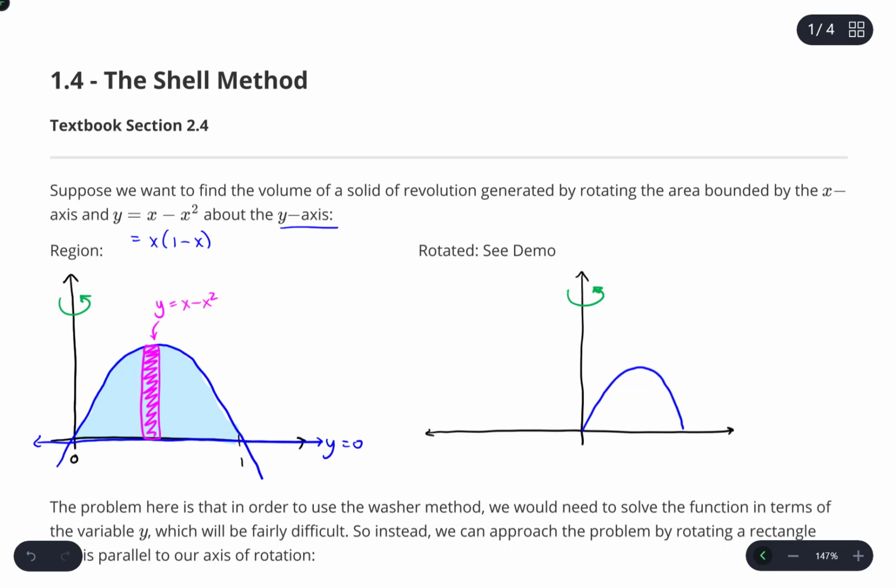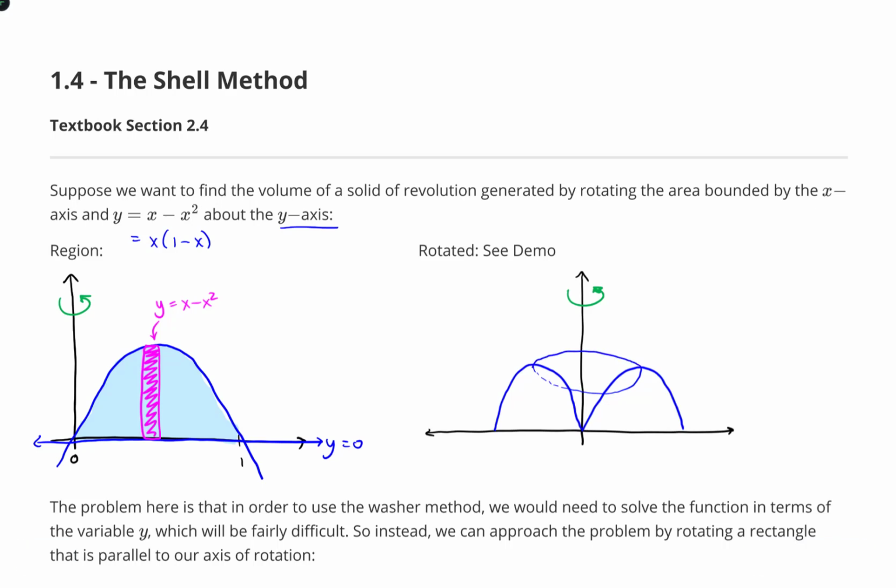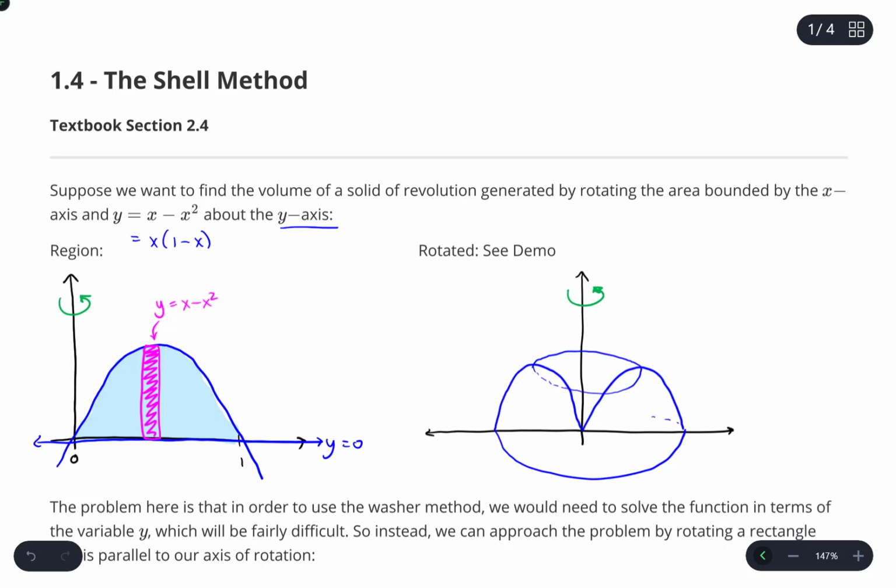So it's going to map on the other side as well, and create a kind of donut shape for us. This would be like the top of the donut where that top part rotates around. All the bottom parts would also rotate around here and create this kind of region, if you can imagine what I'm drawing there.